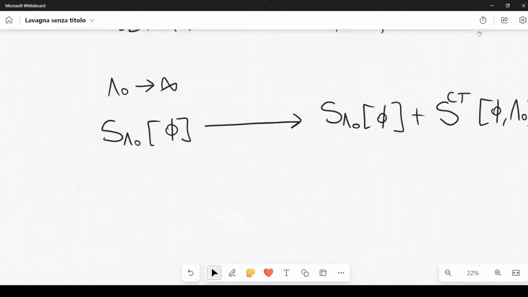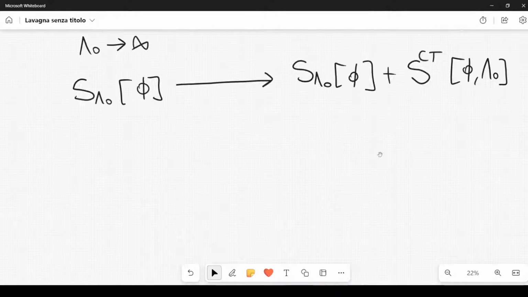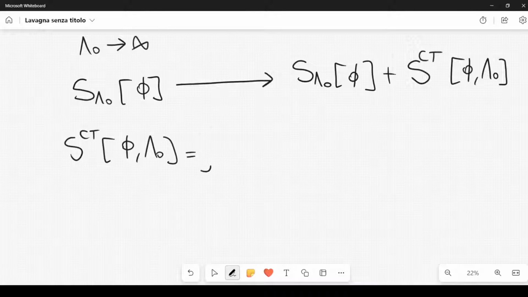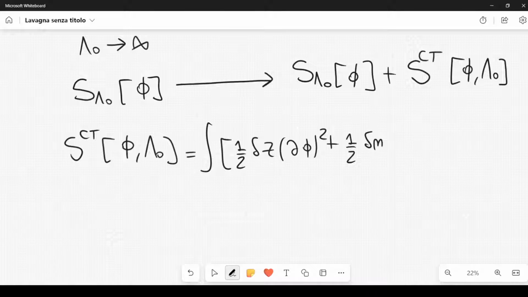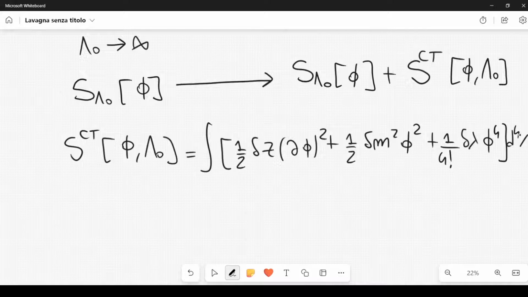And we are going to define it in the following fashion. S_ct of phi and lambda 0 is defined to be the integral of 1/2 delta z (partial phi) squared plus 1/2 delta m squared phi squared plus 1 over 4 factorial delta lambda phi to the fourth, d^4x.